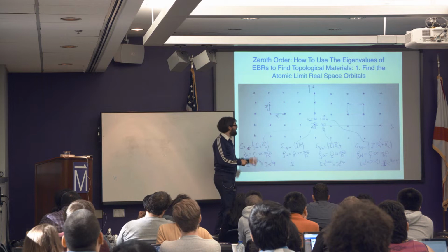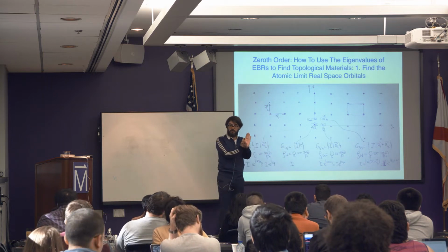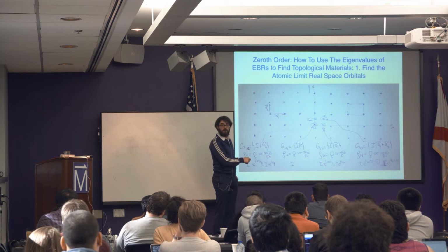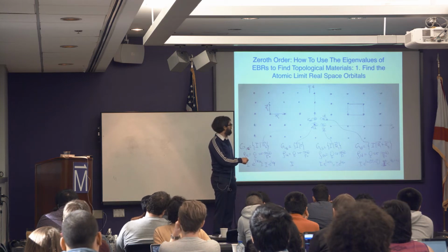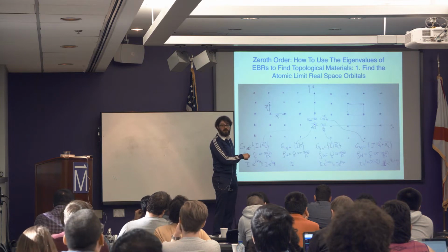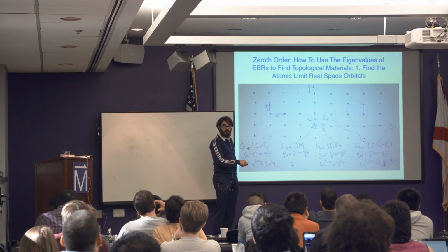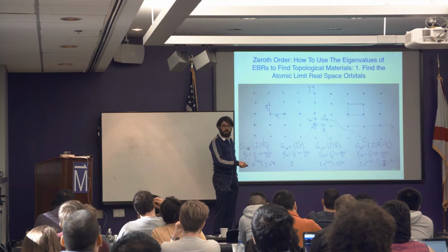And the only thing that's 2-dimensional about this now, rather than two 1-dimensional, is this guy here. This is inversion plus ax plus ay, x and y translations. And I can put S and P orbitals here, but it has a different momentum space.